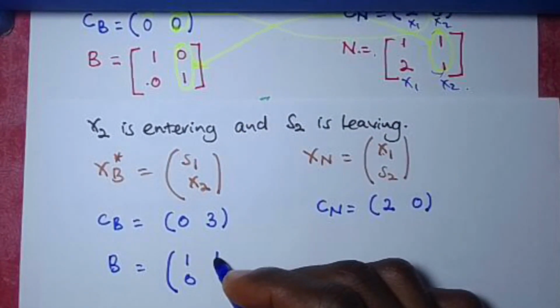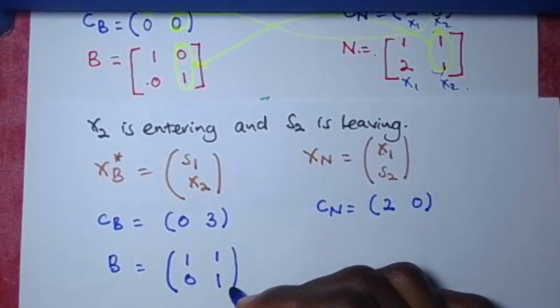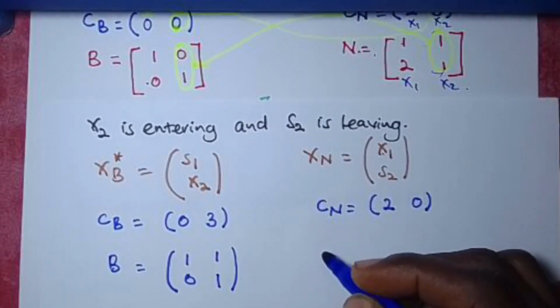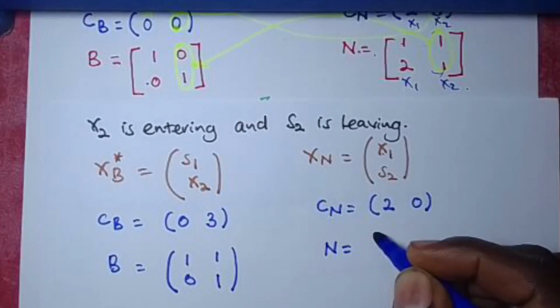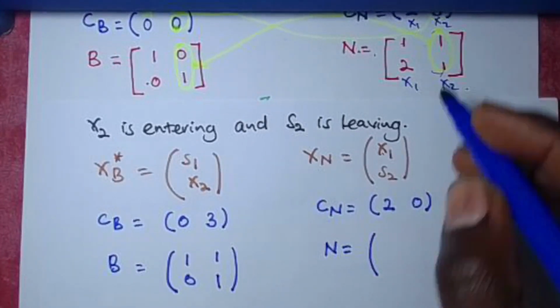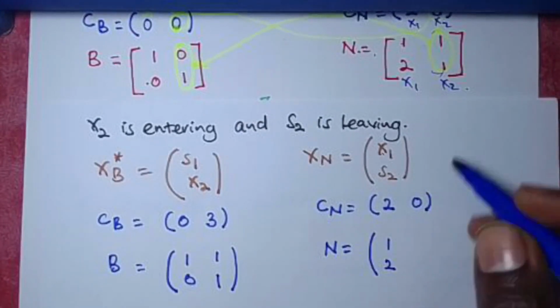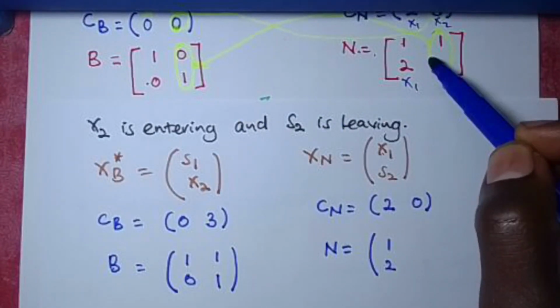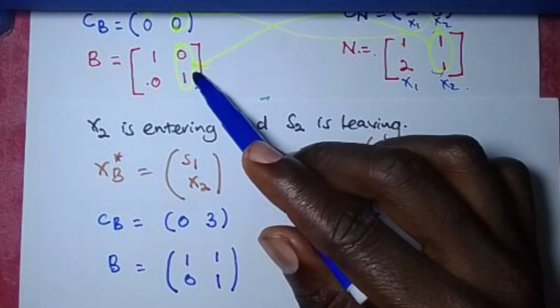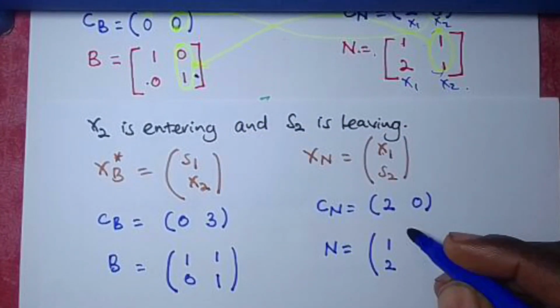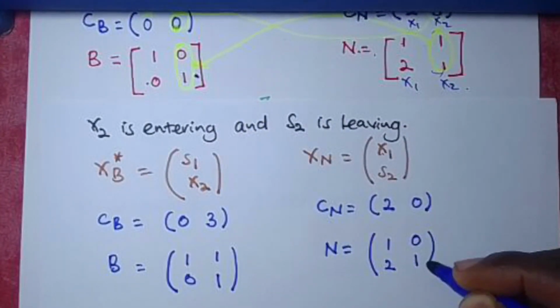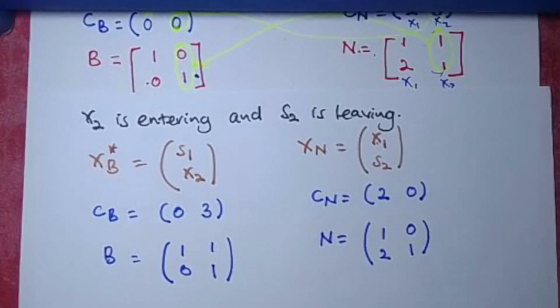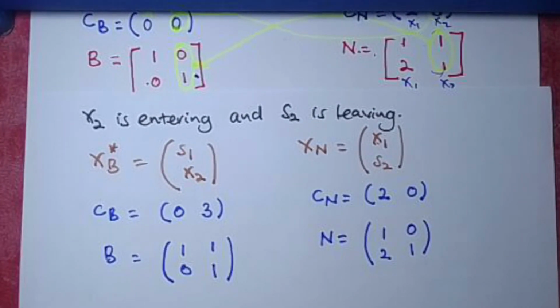So we shall pick here, it will be a 1, a 1. Then our non-basic will be, the first column is the same, it remains as 1, 2. Then the next column will be simply replaced by this. So it will be a 0 and a 1. So that is it. We have finished exchanging our values.